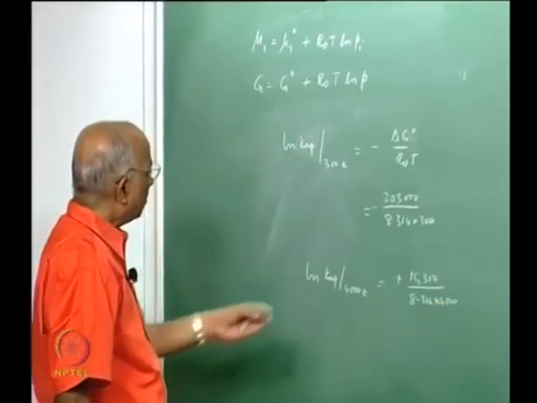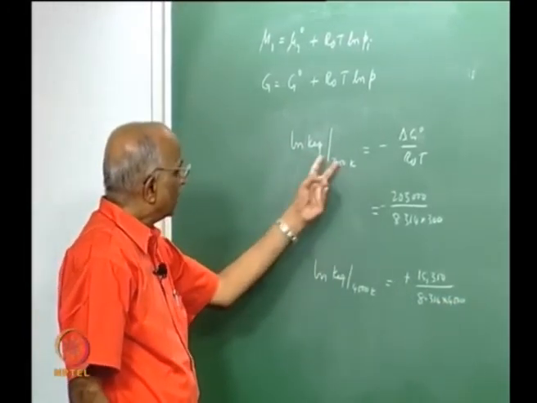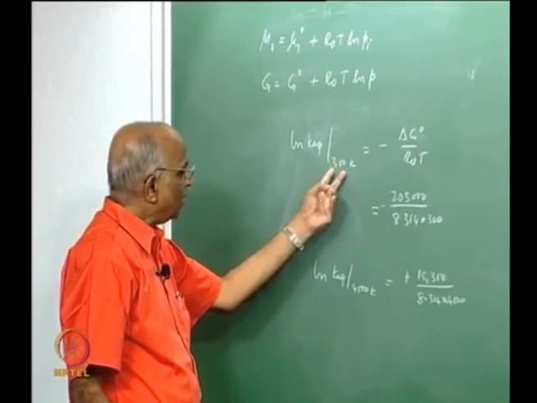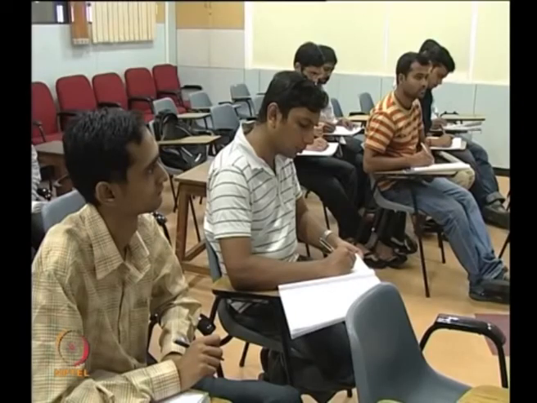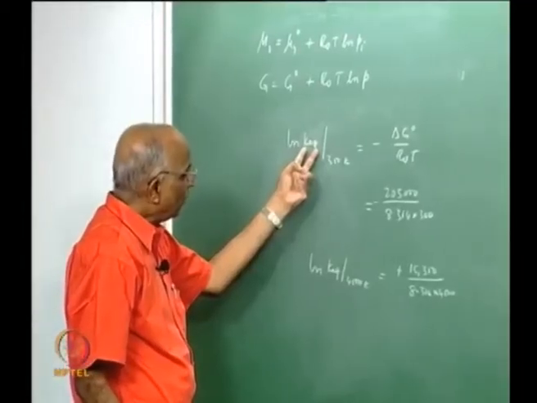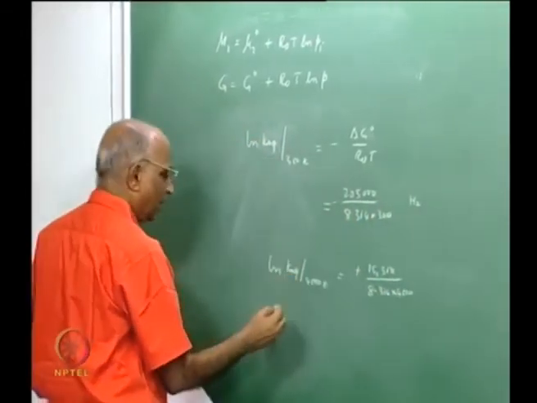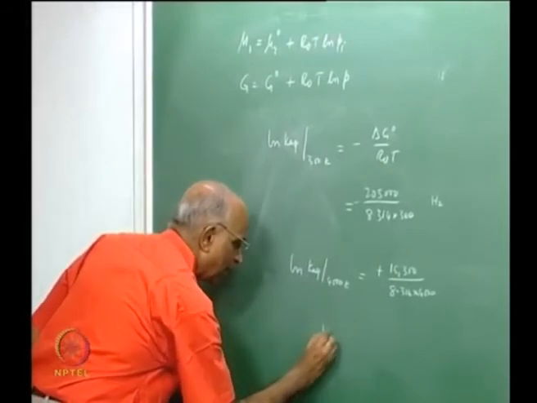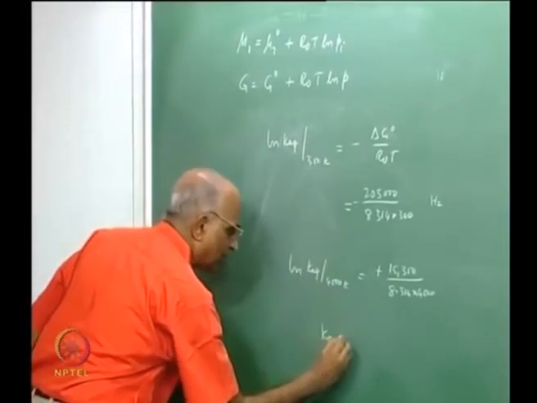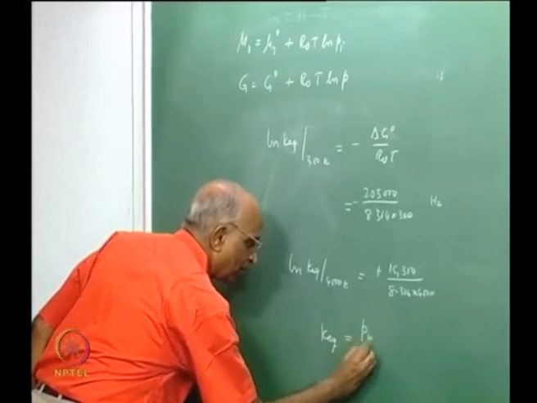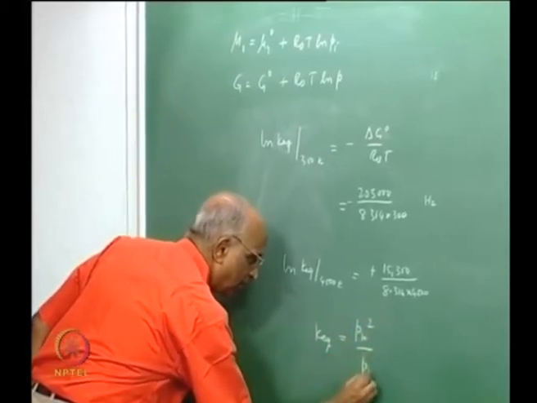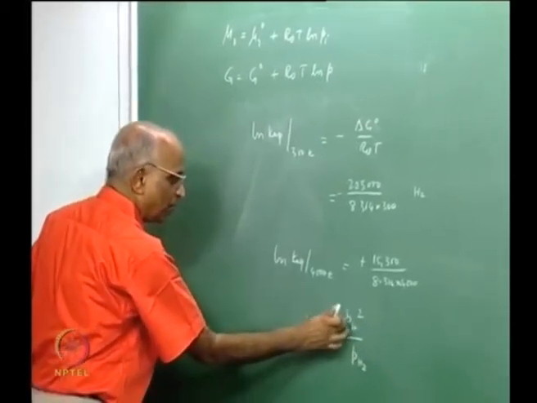Now what do we observe? We observe that the value of ln K equilibrium at 300 is a large negative quantity, and K equilibrium is therefore a very small number, so more hydrogen will be available. The proportion I can always calculate, because I know K equilibrium from this equation. This is equal to pH squared divided by pH2, so I can find the proportion of pH to pH2.